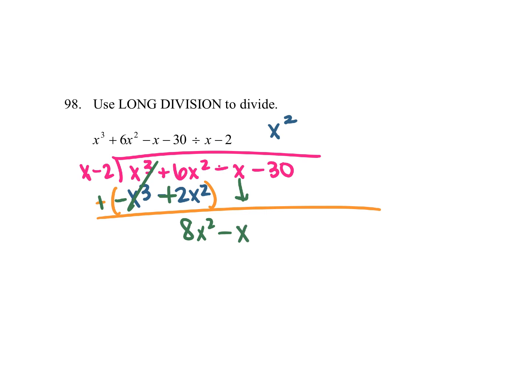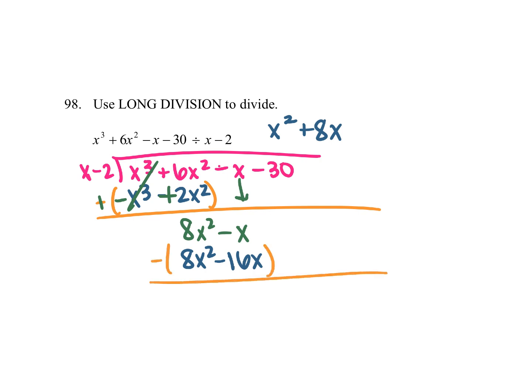Next, you have the x times what is 8x squared? That's 8x. So 8x times x is 8x squared. 8x times -2 is -16x. Subtract these, distribute your negative, change the sign on everything. That gives you 15x, bring down the negative 30.